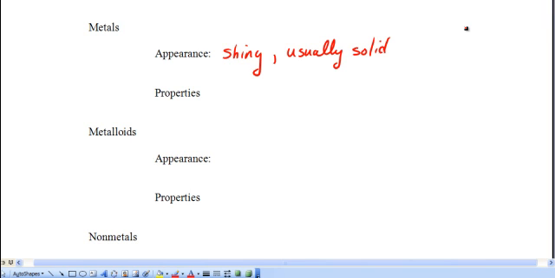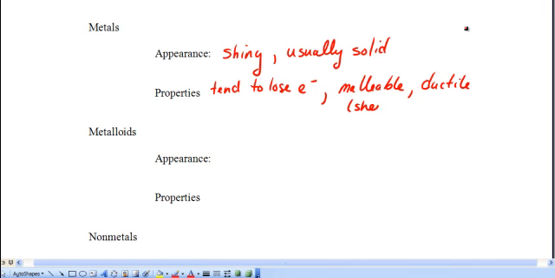As far as its properties, metals tend to lose electrons. They are malleable, meaning that you can pound them into thin sheets. They are ductile, meaning you can draw them into thin wires. I'll put that in parentheses, sheets.